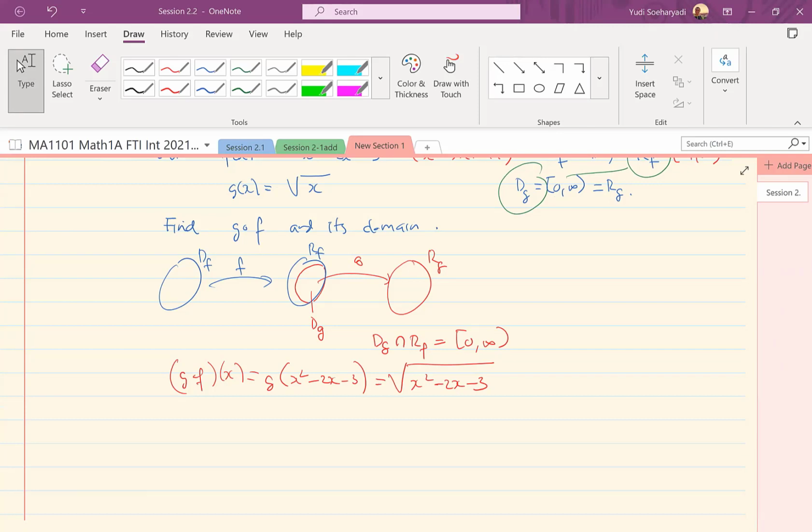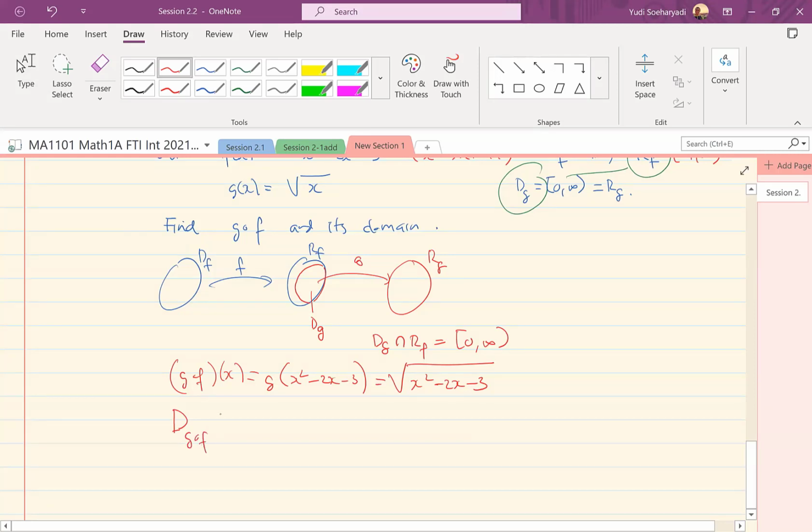Okay, so what we need is, let's see, so the domain of this is the set of X for which image.